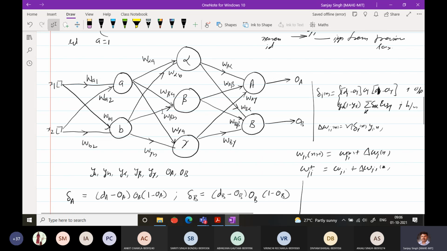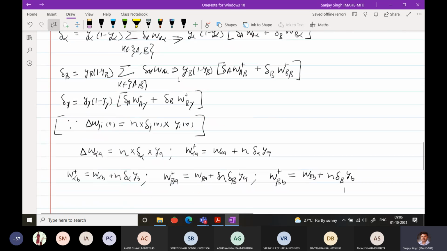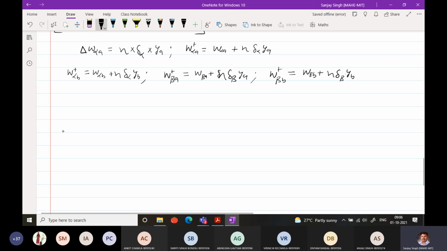This you already found, this you already found, now left is 2. So straight away we can write this also. W plus gamma A equal to W gamma A plus eta delta gamma Ya. Gamma is changing because we are talking about neuron gamma now, and it is getting input from the previous layer.